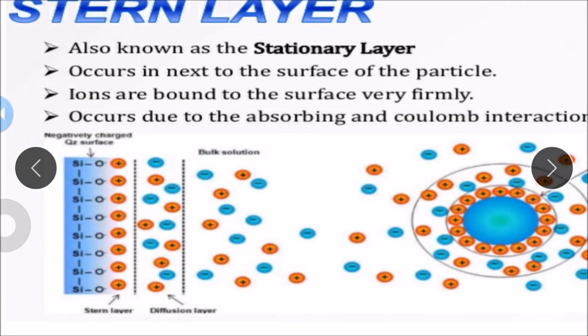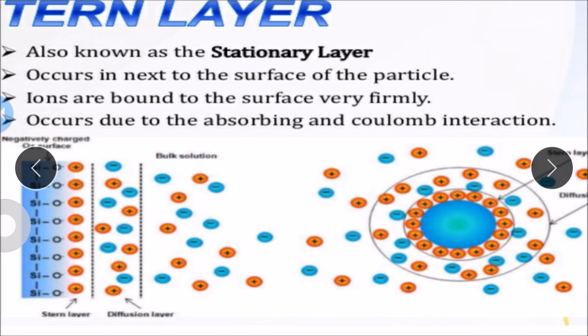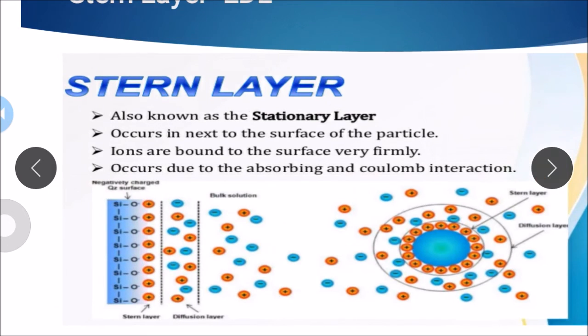It occurs next to the surface of the particle. The ions are bound to the surface very firmly. It occurs due to adsorption and Coulombic interaction. This Stern layer is mainly because of the positive-negative Coulombic interaction.